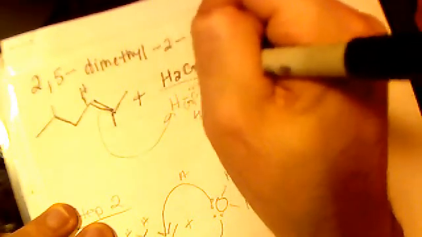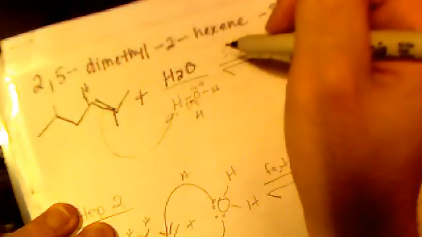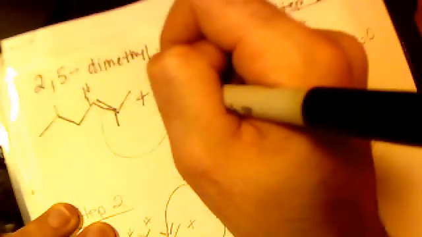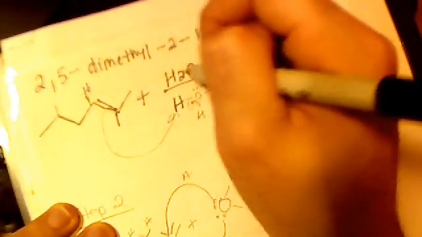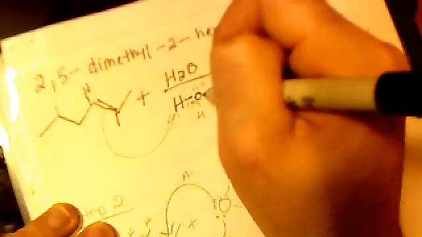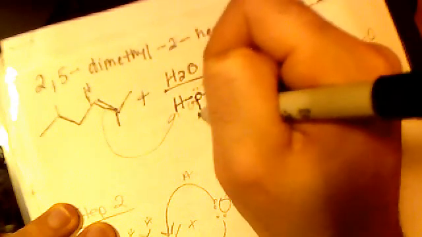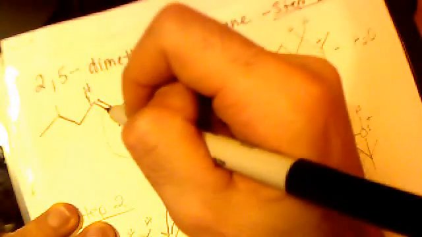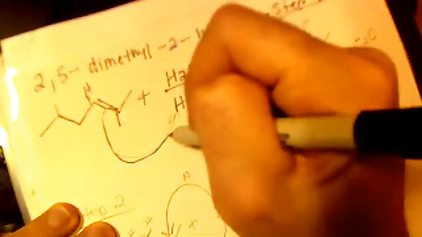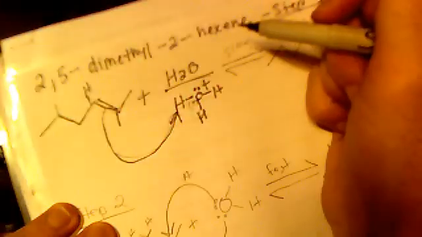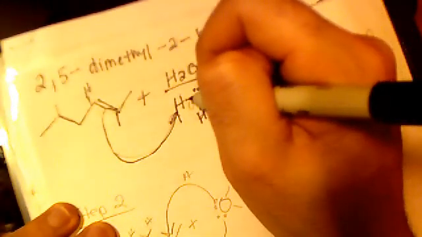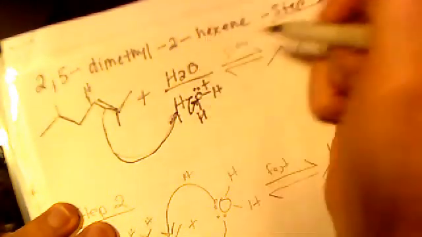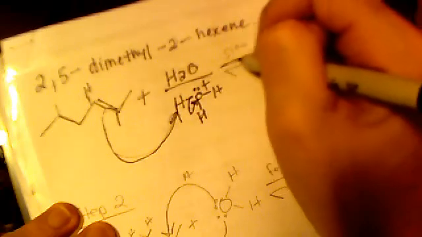Again, it's acid diluted in H2O. I should have put the acid on top because that makes more sense. This pi bond acts like a nucleophile, gives both electrons to the hydrogen of the acid. That bond breaks, it gives its 2 electrons to the oxygen. And this is a slow step.